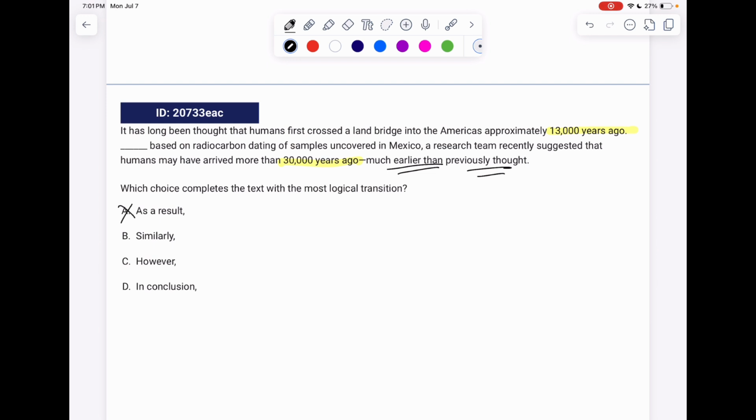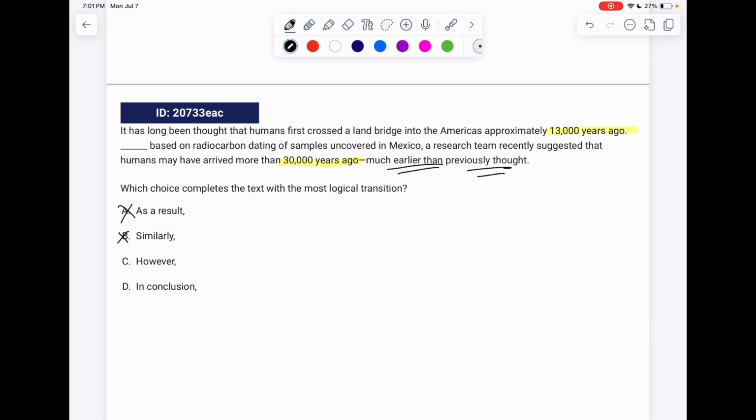B says similarly. That means we're getting something that's the same. And that's incorrect because it signals that the theory in this sentence is similar to the one in the previous sentence, where actually we're saying totally different theories and they contrast. So we don't want that one. However is the best answer because it gives us the contrast that we're looking for, the contrast between the two theories that say wildly different times.